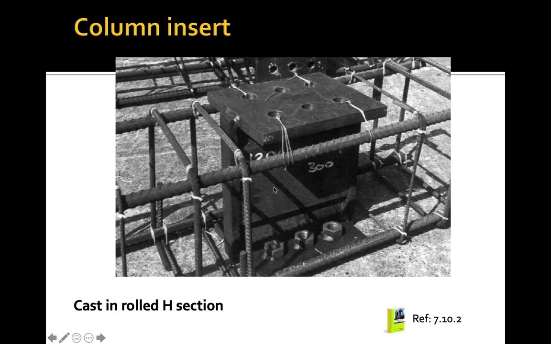So this is the arrangement of the reinforcement as well as the steel plate, inside a beam, inside a column, before concrete is cast. We can see that it has to be confined with the links. We have the links on top and also at the bottom, and we have this H section that is located in the middle.